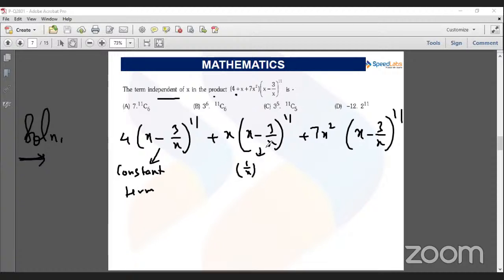And from here I need the 1 by x square term, because 1 by x square into x square will be the independent term. Yes, we add them all and we get the term. Any questions? Anyone? Any questions?